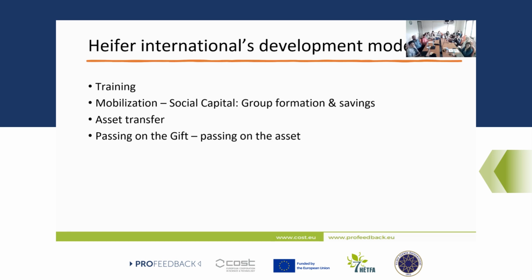Asset transfer is something that Heifer International is doing globally. They give one cow to each woman in each family, and the cows are bred over time, and the young ones, the baby cows, are given to their neighbors. We call that passing on the gift.